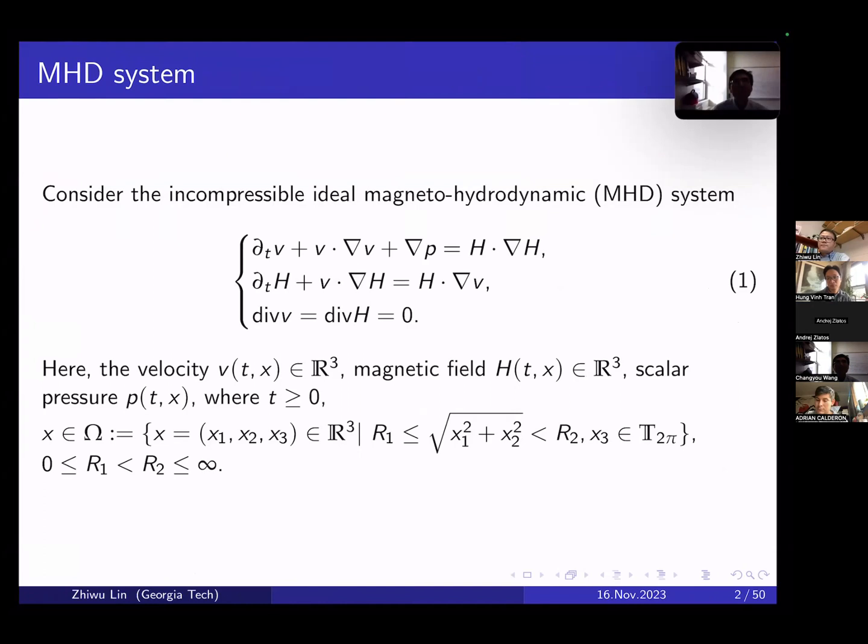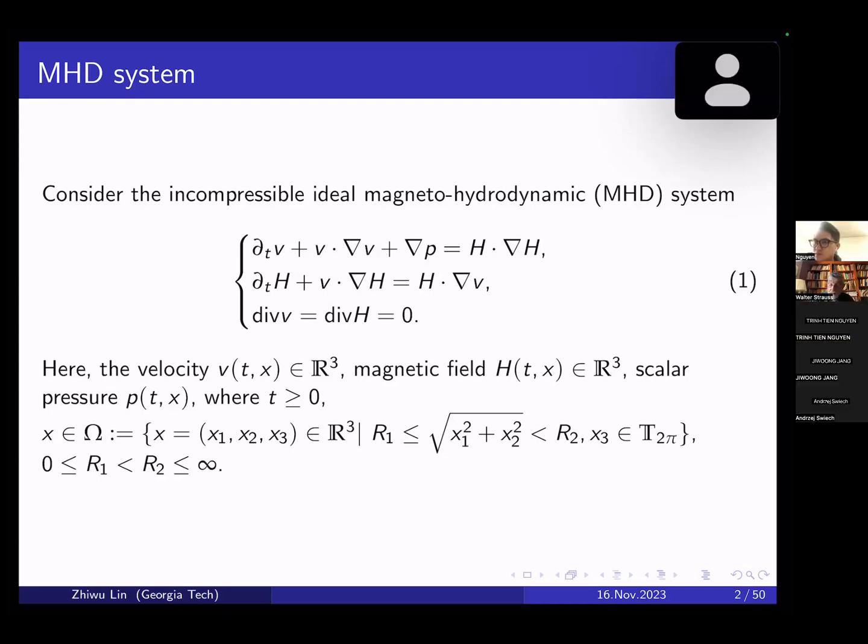This is the so-called ideal MHD model. It's an ideal MHD system, there's no dissipation. And the domain is a cylinder, which could be an infinite cylinder.